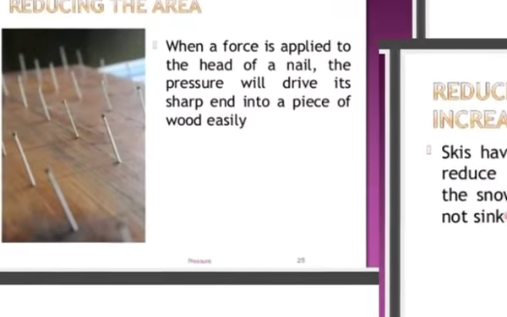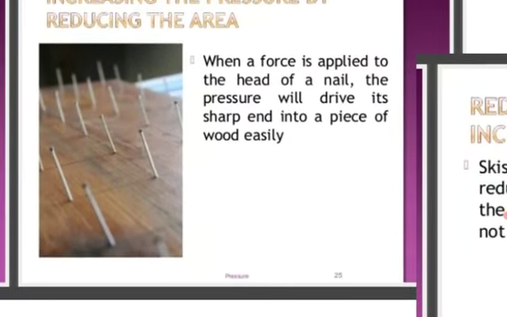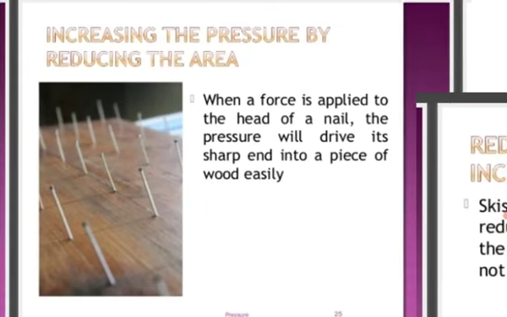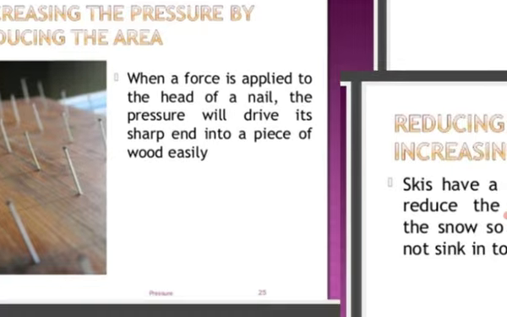Now another example of pressure. Here we can see increasing the pressure by reducing the area. When we take a sharp nail, it has very little area, and when we apply force, a high pressure is created, and the nail easily inserts inside the wood or the wall.